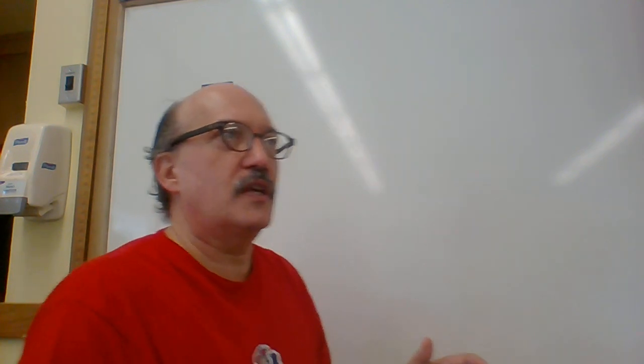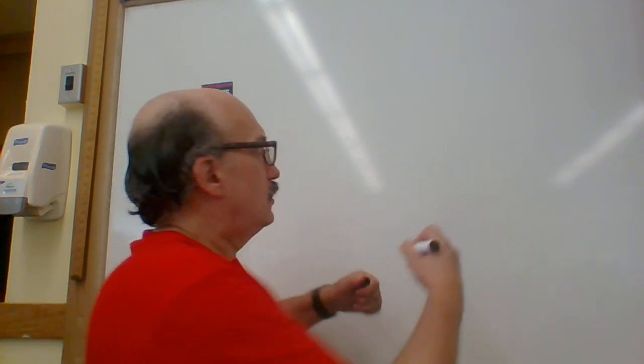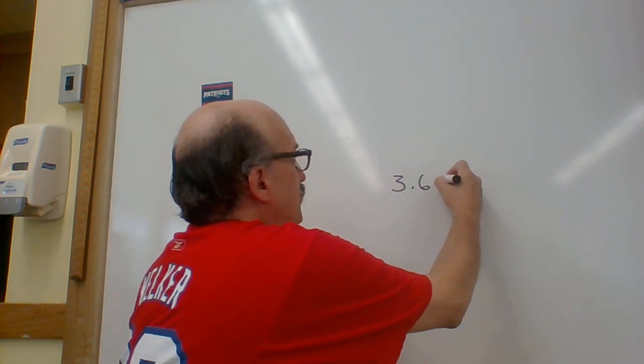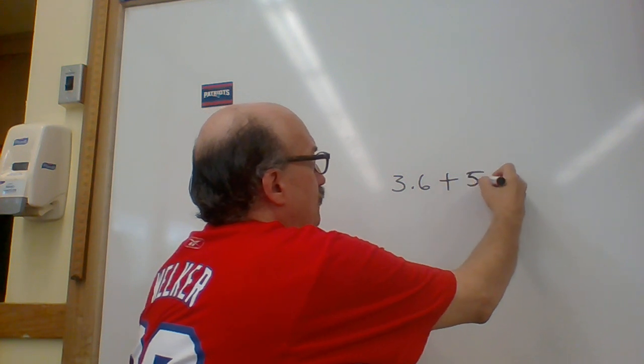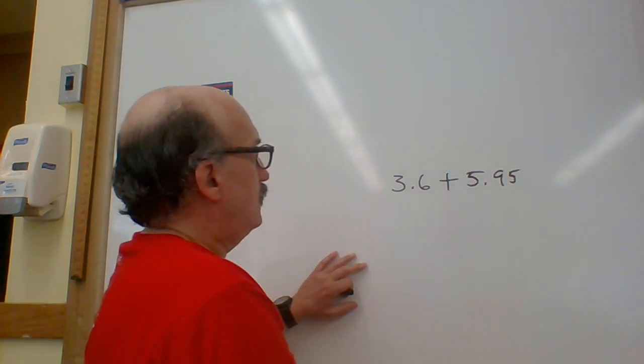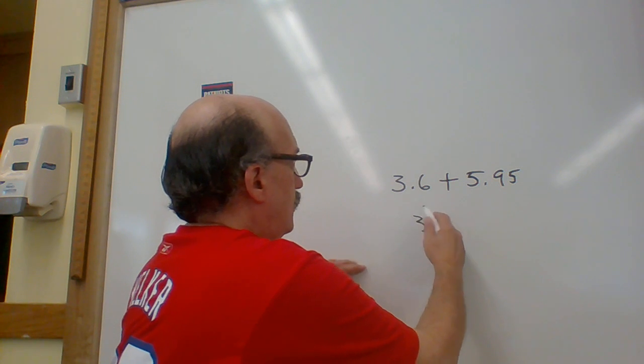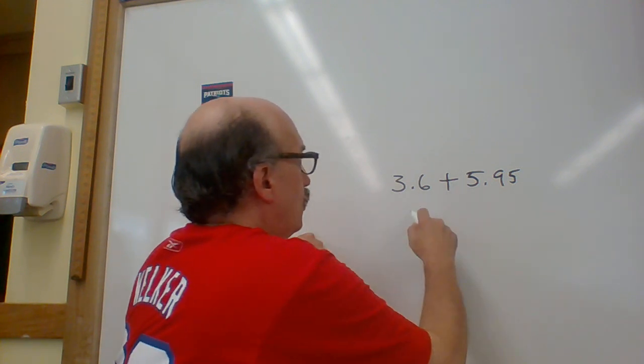Let me think if I can come up with something that you can't do. Well, what if you have to add 3.6 and 5.95? Well, I think you all know this by now.